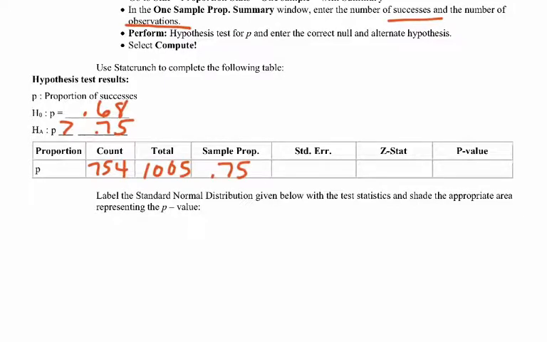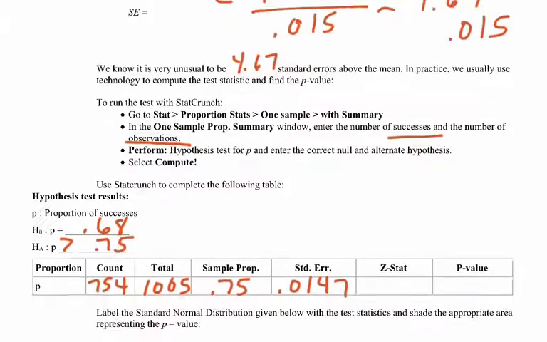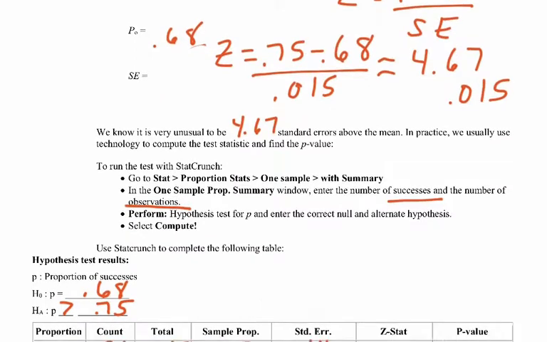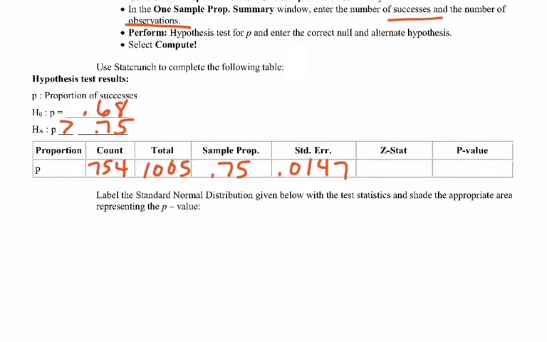My standard error was 0.0147. Now, I calculated this earlier by hand, and I got 0.015 when I rounded it, but in StatCrunch, a little more detail, 0.0147. And based on the way StatCrunch is rounding it, they're getting a Z statistic of 4.77. And then they tell you the p-value that goes with it, and they're going to say the p-value is less than 0.0001.